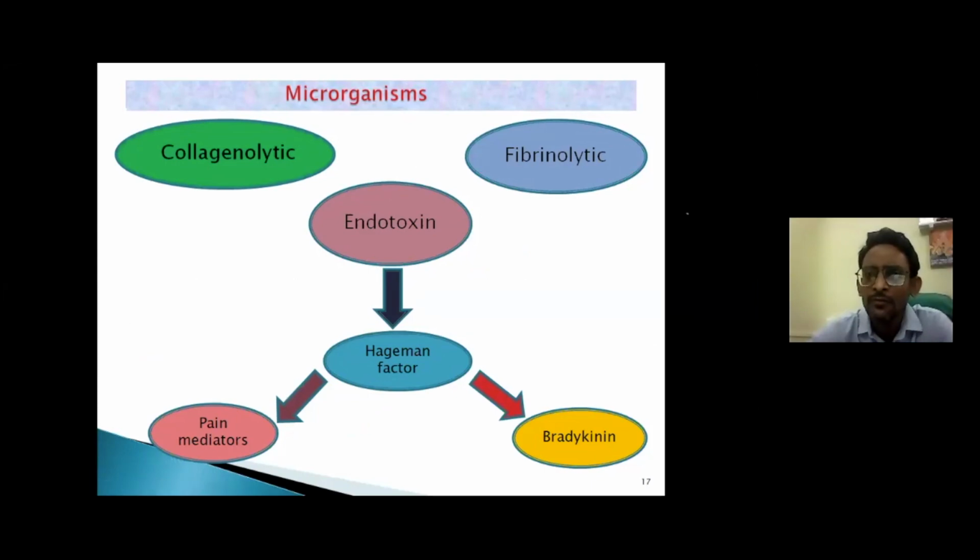As you know, we have to do instrumentation or filing, and then we place certain types of irrigants. These irrigants and instrumentation disrupt the local system of the root canal, and various microorganisms will evolve, and these microorganisms release proteolytic enzymes such as collagenase, fibrinolase, and endotoxins, and they stimulate the complement system and the inflammatory cells like Hageman factor, which will release the pain mediators and bradykinin.